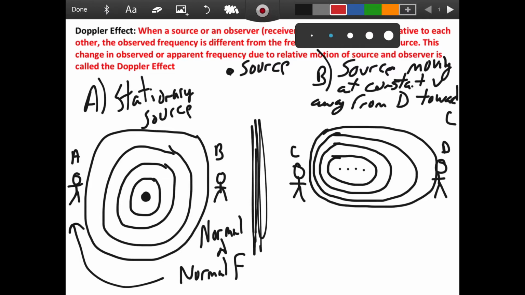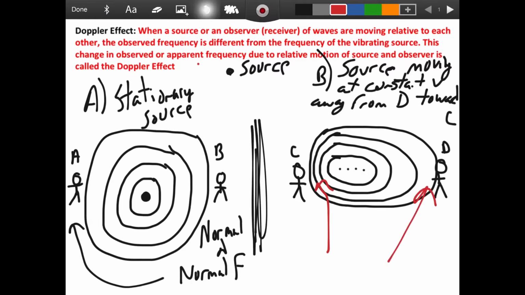But when we go over to example B, here we have some source that's moving at a constant velocity, as you can tell by these dots that are equidistant. It's moving towards C and away from observer D. You can see here that the wavefronts are closer together, and over here they're spread more apart.